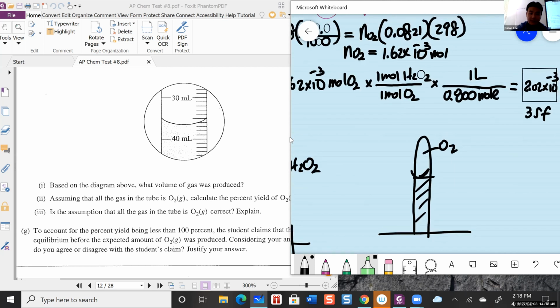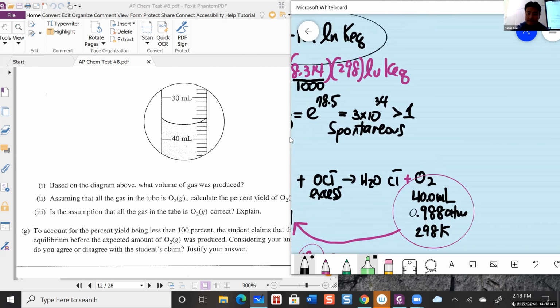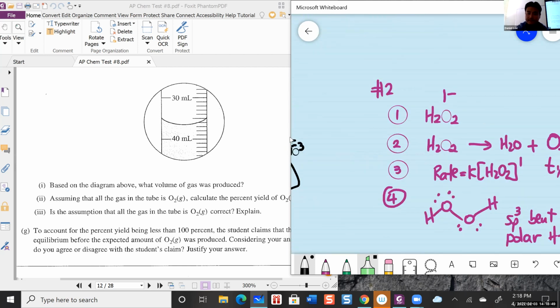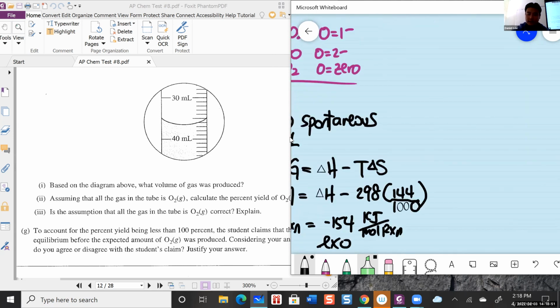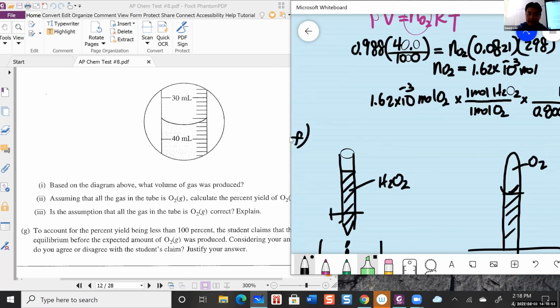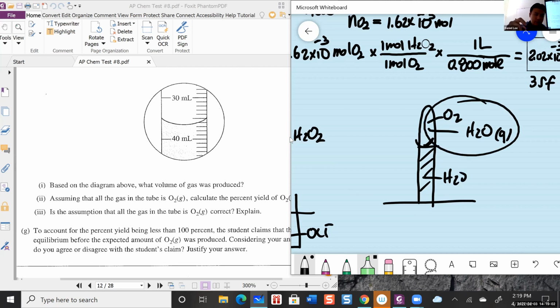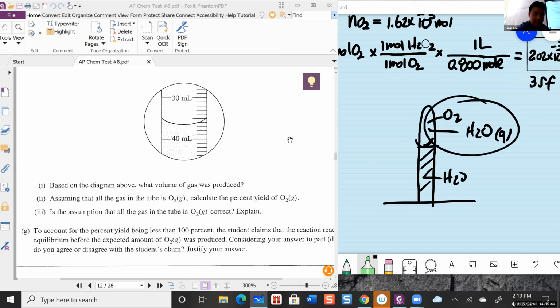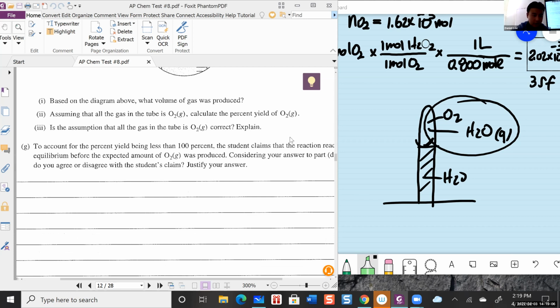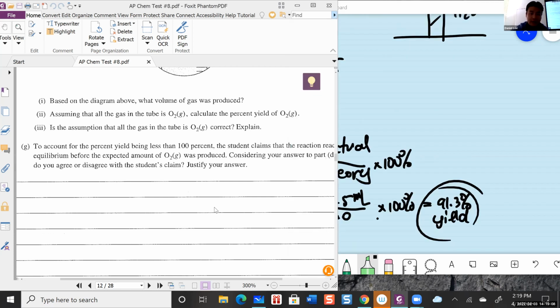That was what we were trying to draw in the very beginning. When you do this downward displacement of water, I didn't draw it out, but right here, there's oxygen, there's also water vapor, because you're collecting this over water. So there's actually both water and oxygen. So the answer is no. There's also water vapor. All right, that's 1 point for F3.